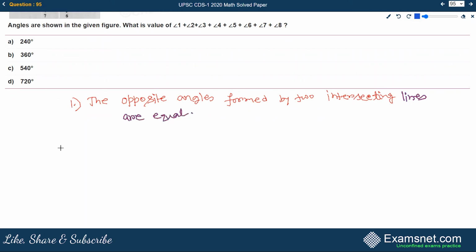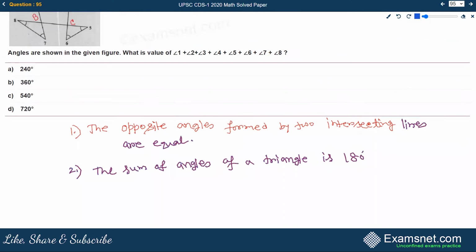Okay, opposite angles are equal. And next, another concept we already have learned, that is the sum of angles of a triangle is 180 degree. Okay, now we will use both of them.